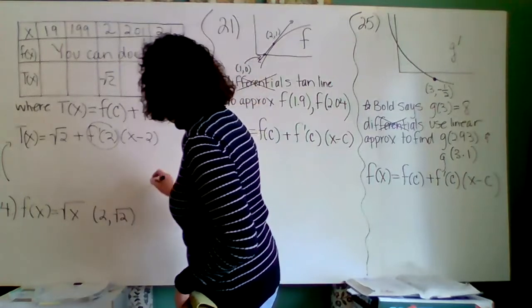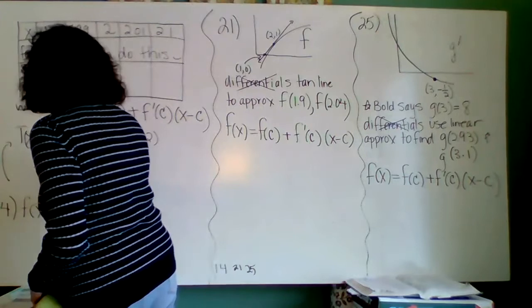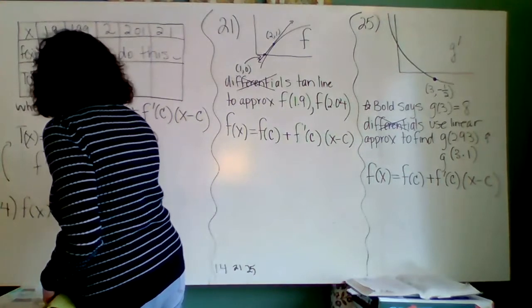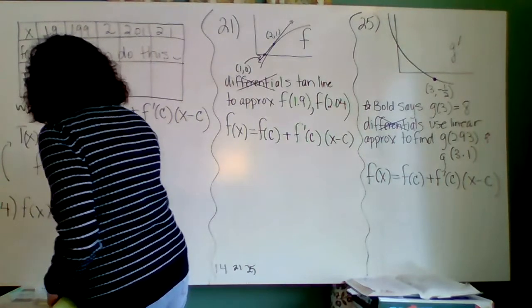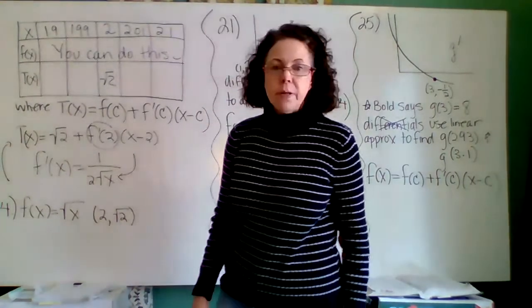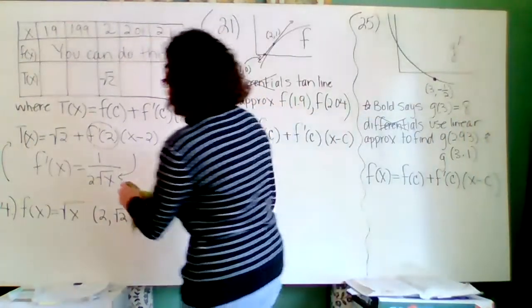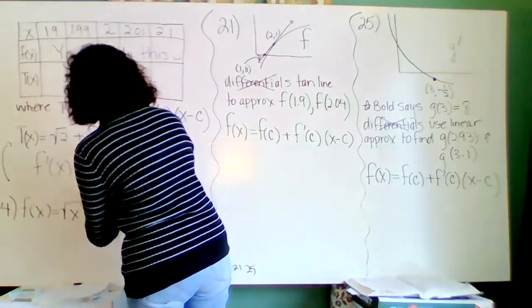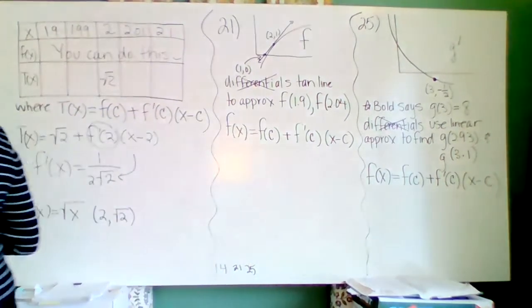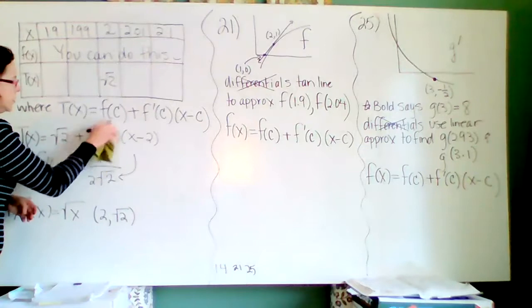And I already know how to do that. I know that the derivative of the square root function, I have it memorized because it happens all the time, is 1 over 2 square roots of x. And I'm going to put a 2 in there. So not pretty, but it's 1 over 2 square roots of 2. I don't really feel a need to change it. I'm just going to put it into my calculator, 1 over 2 square roots of 2, right here.